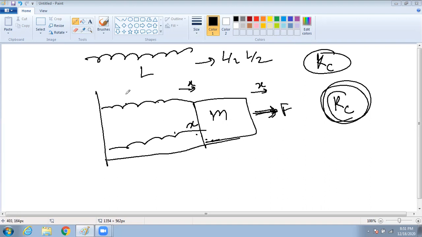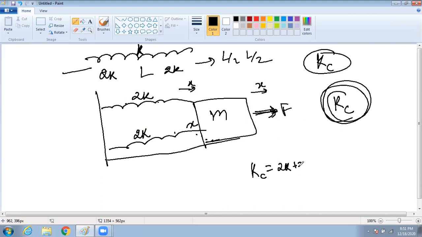Okay, see what happens. When you cut the spring, I told you what will happen to the constant. Let's say the initial constant is K. It will become 2K, so this will become 2K and this will become 2K. So what is your combined constant? That's your answer: 4K.